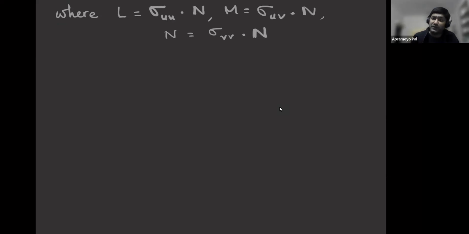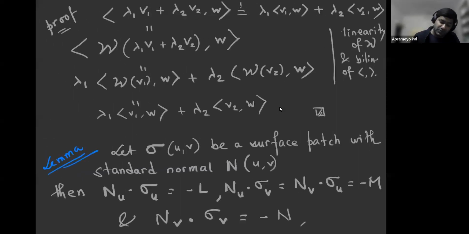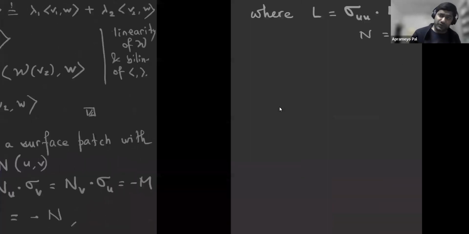Yes, that was our definition of the second fundamental form. So what I'm saying is, if you take N_u dot sigma_u, you essentially get the first coefficient of the second fundamental form, with a negation. And similarly for the others.